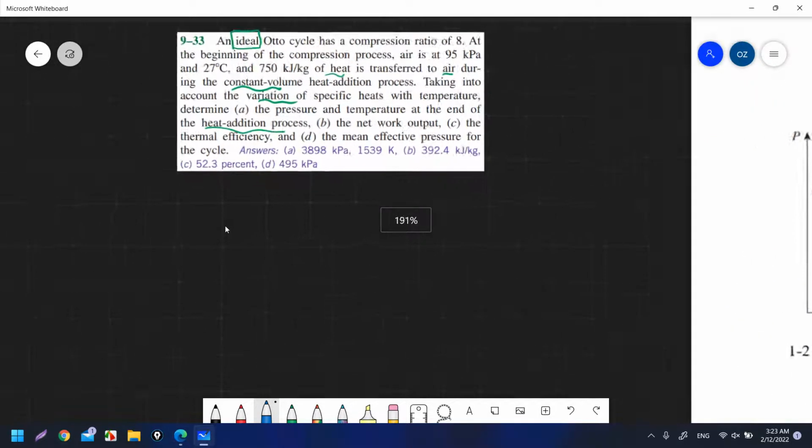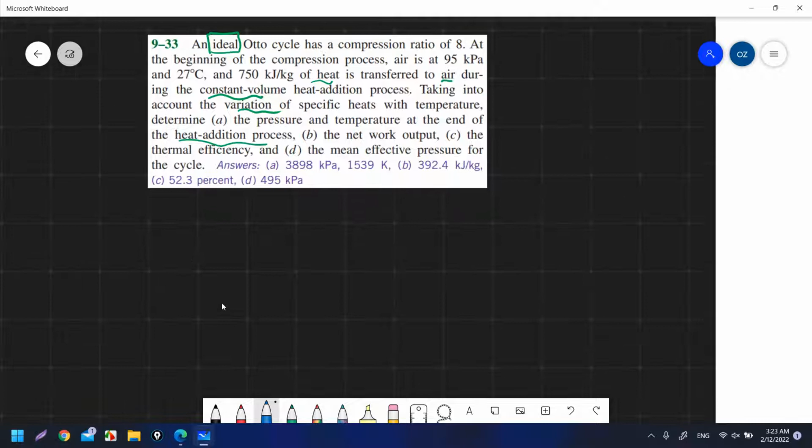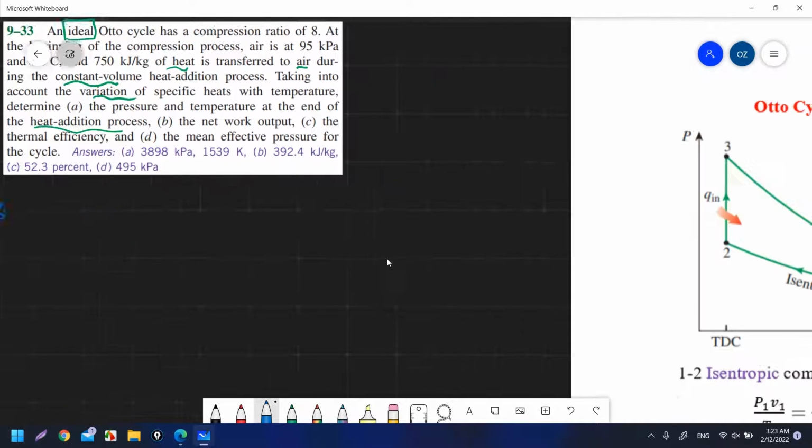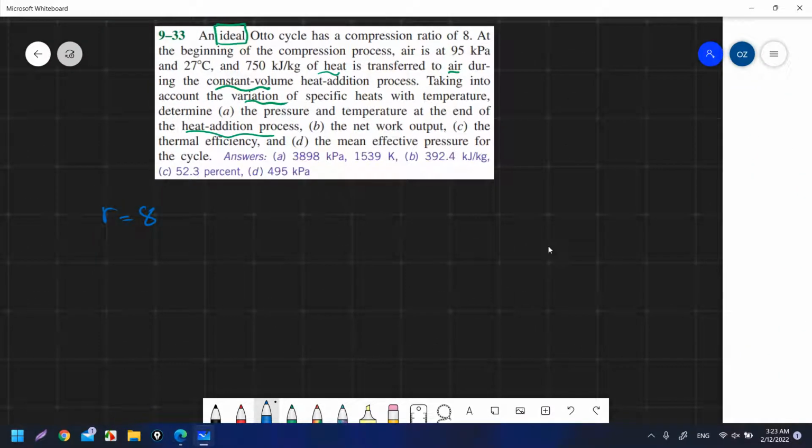So we know it is an ideal Otto cycle that has a compression ratio of 8, so r equals 8. At the beginning of the compression process, state 1, air is at 95 kilopascal, so P1 is 95 kilopascal. T1 is 27 degrees Celsius, which is equal to 300 Kelvin.